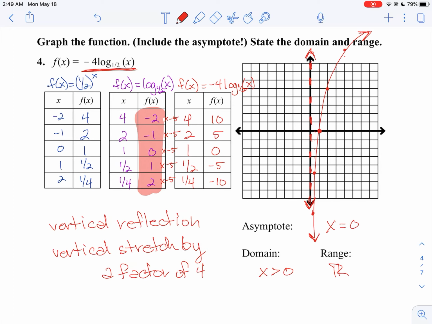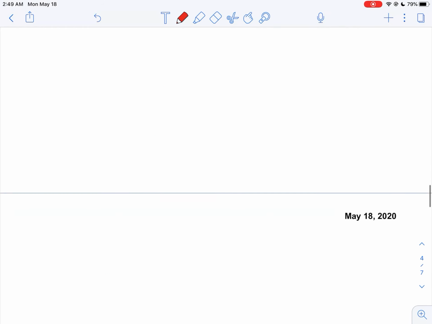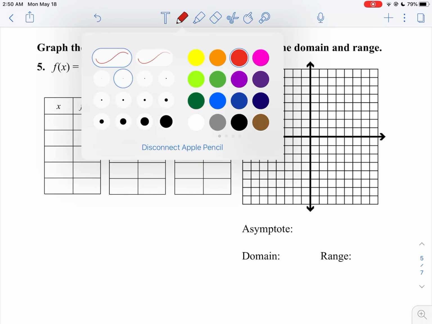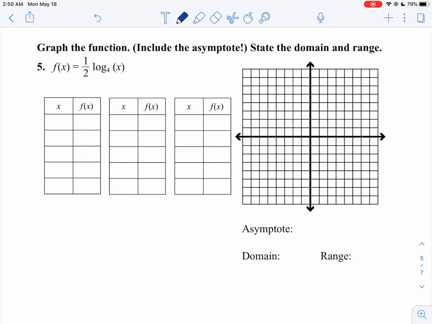Okay, so let's look at number 5. For number 5, I said we've got 1/2 log base 4 of x. So again, if I start off with my f of x is equal to, and I turn this into its exponential form, 4 to the x power, and I'm ignoring the 1/2 for just a minute.